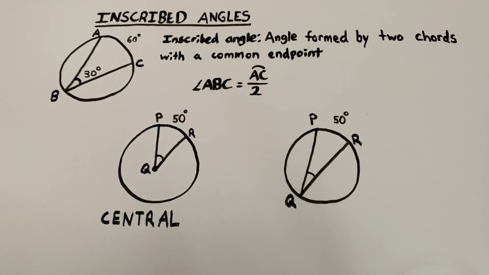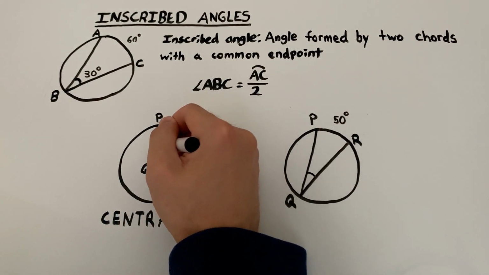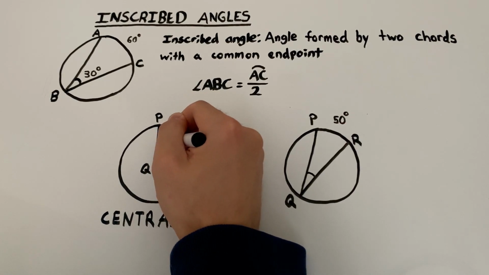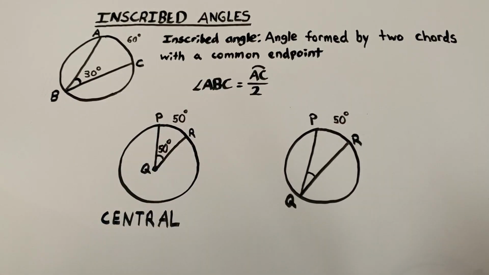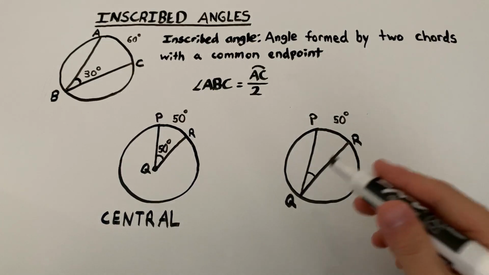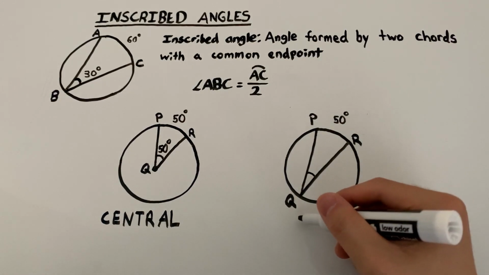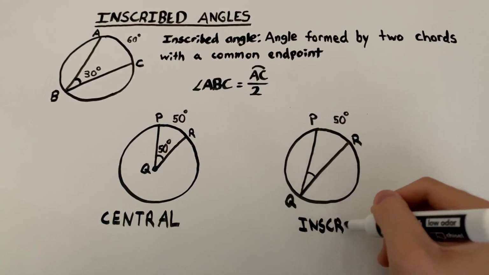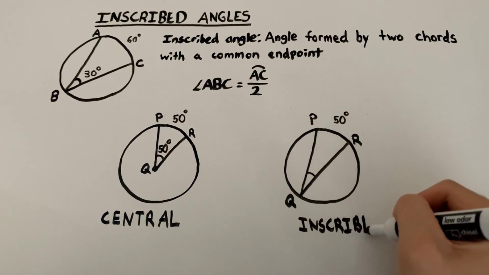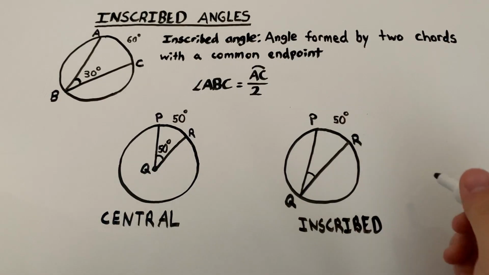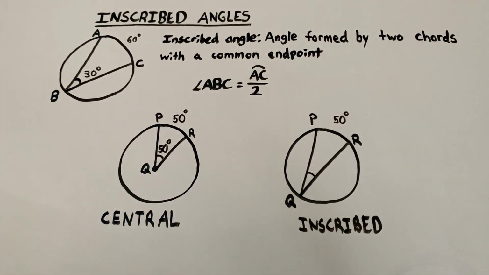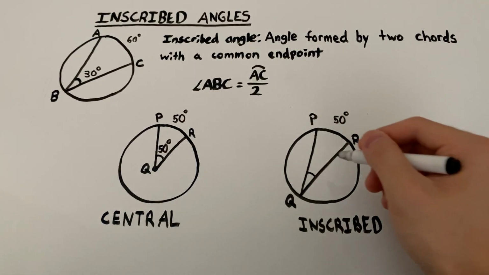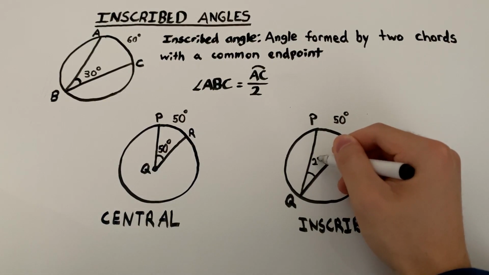So in this example, angle PQR is actually 50 degrees. Meanwhile, this angle over here is actually an inscribed angle. And since it's inscribed, angle PQR, in this case, is indeed 25 degrees.